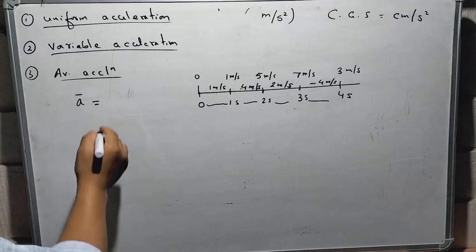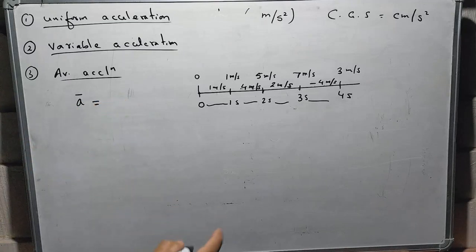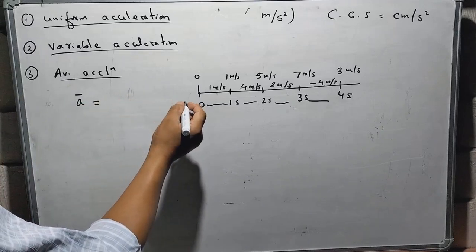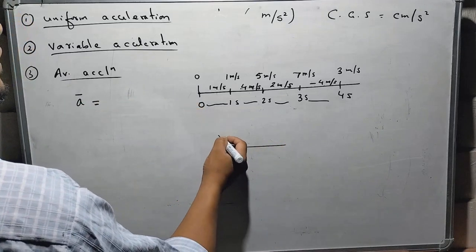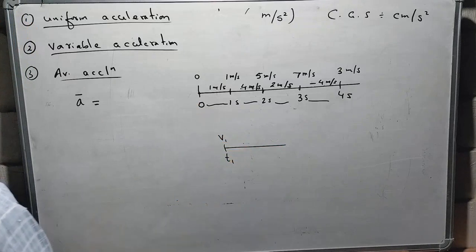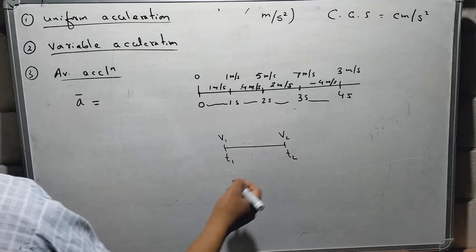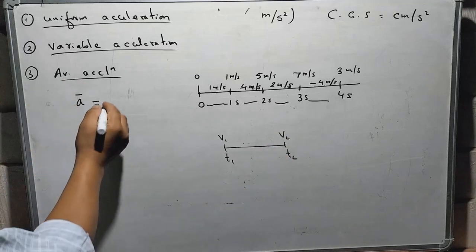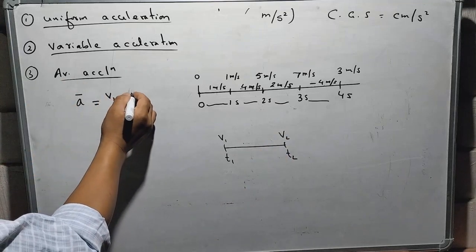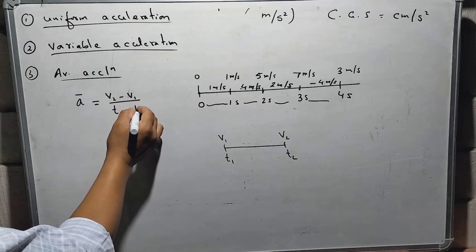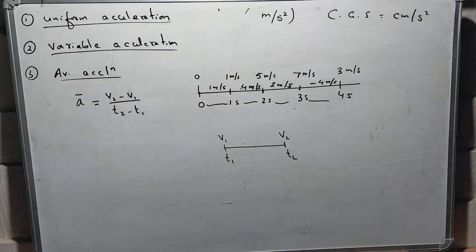So average acceleration is equal to the change in velocity upon time taken. If the initial velocity at time t1 is v1 and the final velocity at time t2 is v2, then the average acceleration is the total change in velocity, v2 minus v1, upon the total time taken, t2 minus t1.